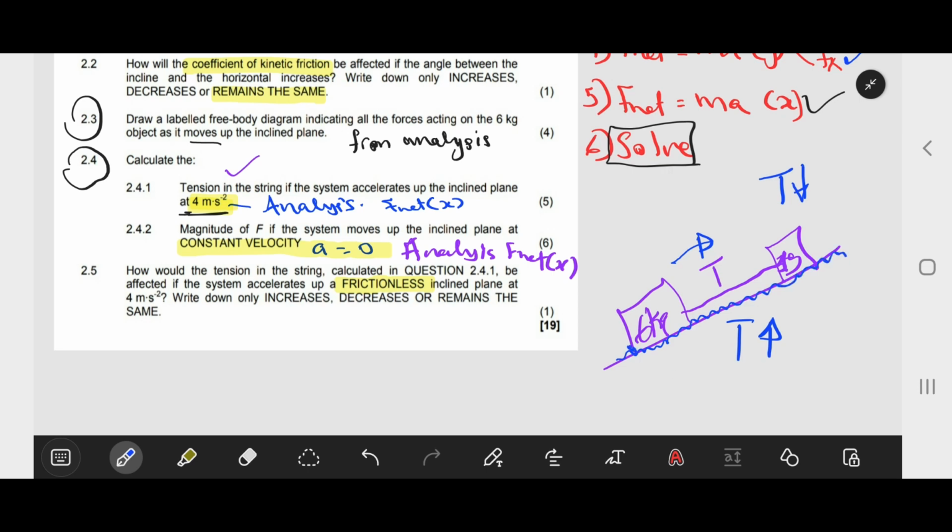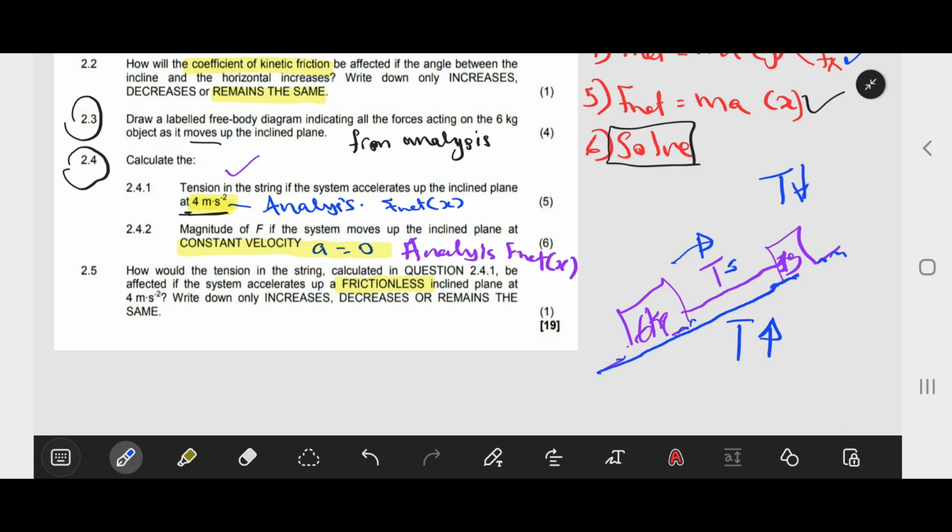And we were pulling up this 6 kg and we got our magnitude for the tension from 2.4.1. So now we are removing that friction. When we remove friction, it becomes easier to pull that object up the incline, right?